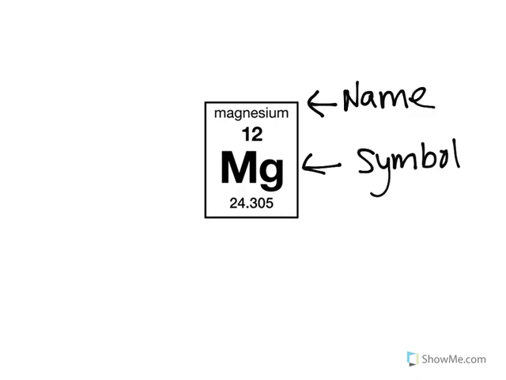Now let's have a look at the atomic number. The atomic number for our magnesium here is 12.